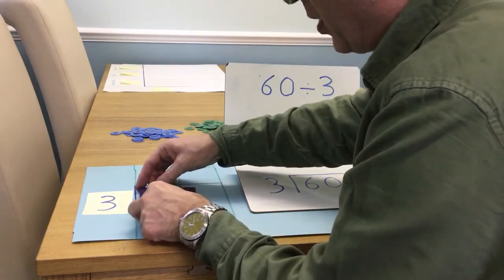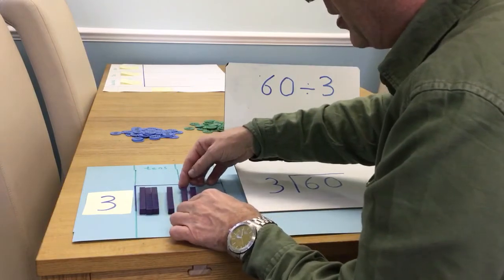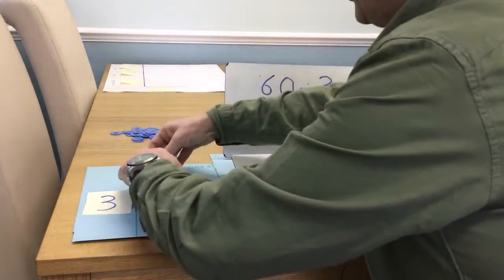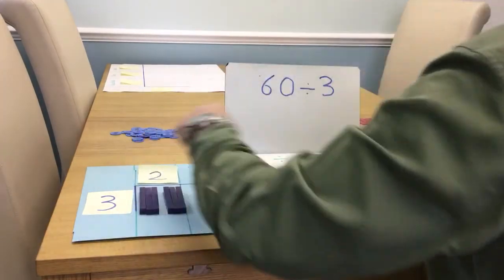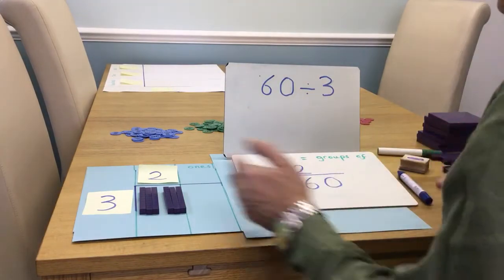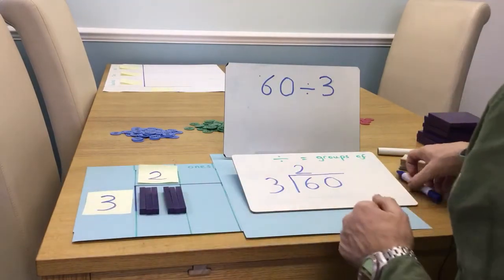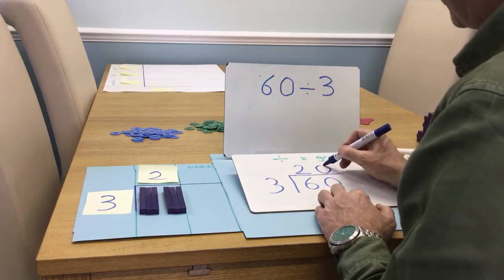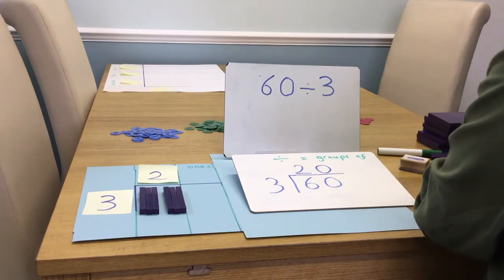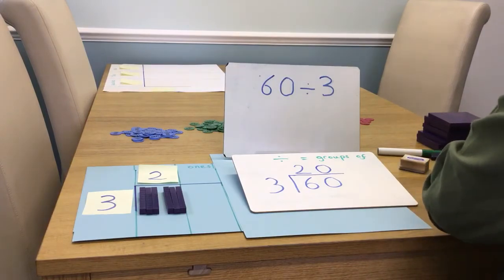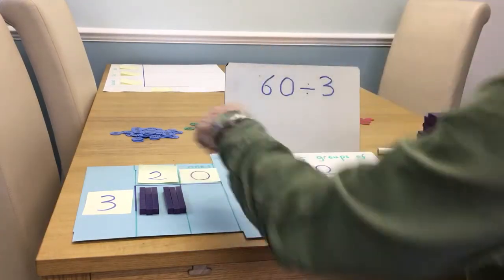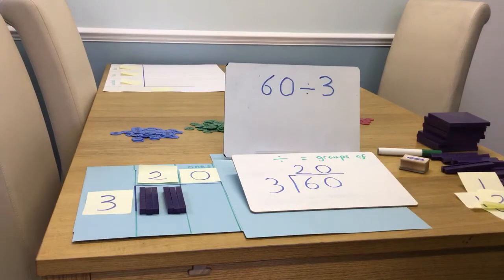So I can make those into one group of 3, and this one into a second group of 3. So I can make 2 groups there, so that's good. So on my sum I would put a 2. Now I can't make anything in the units, so I put a 0 in there, because there's nothing there. And the answer is 20.